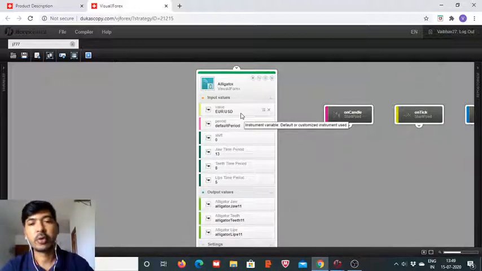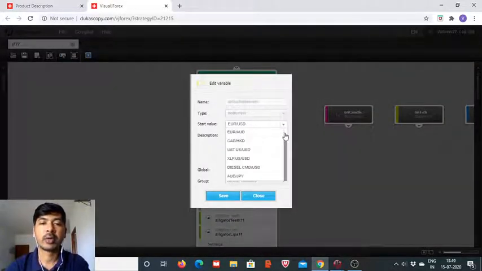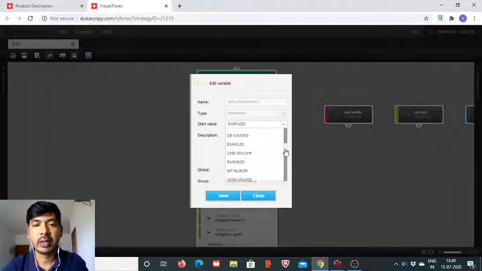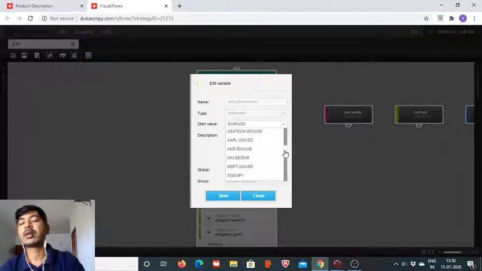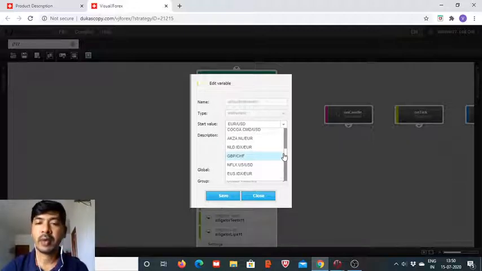That is all up to you, and whichever algorithm you want to run on any particular instrument, you can define that, provided it is supported on the Visual JForex platform, and you have the support for most of the Visual JForex listed instruments. So if you are using any instrument which is in this list, then most probably it is supported for your algorithm, and it will work fine.